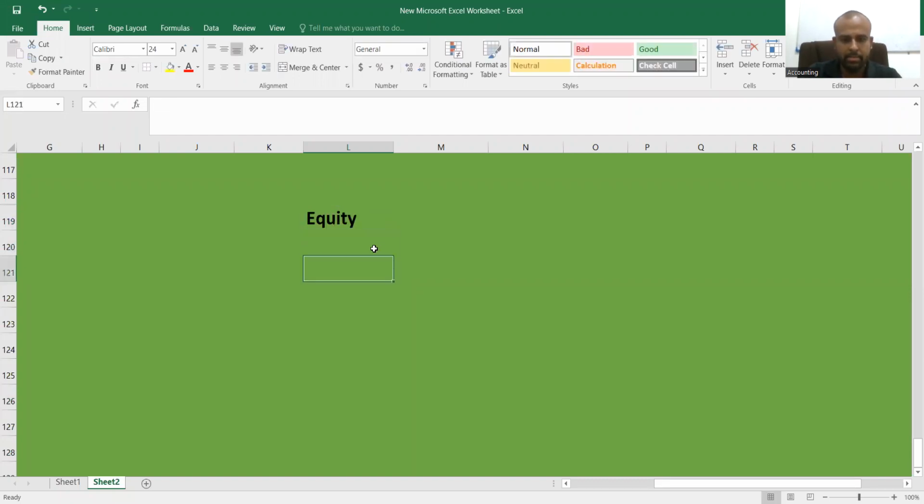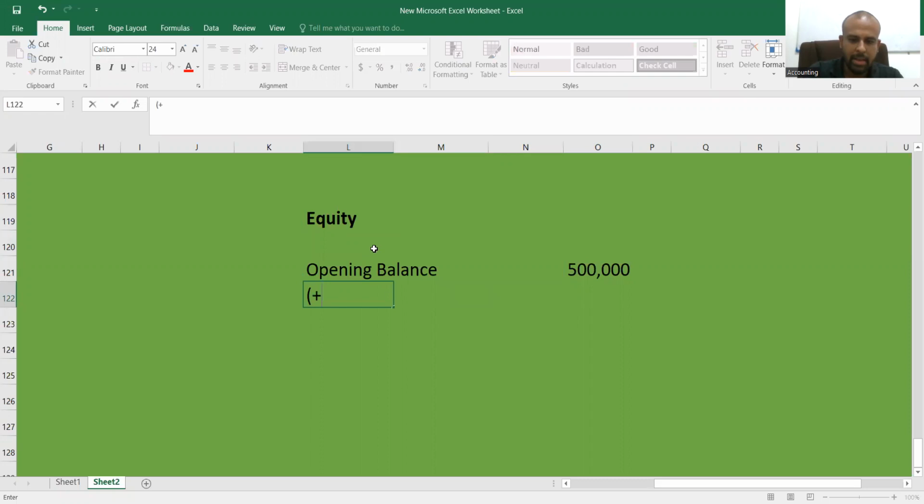Tell me, opening equity balance was 500,000. Then there was additional capital, rupees 200,000.